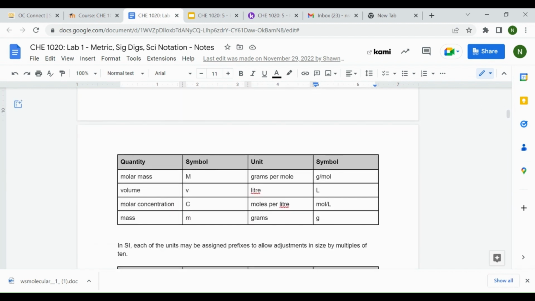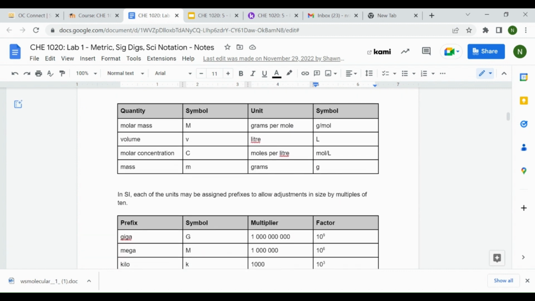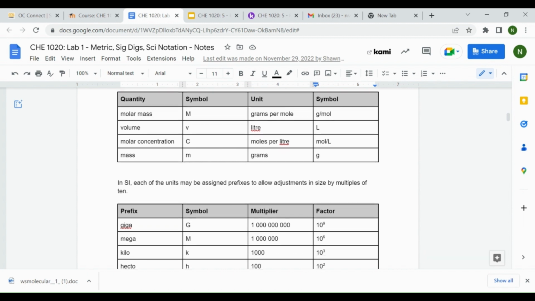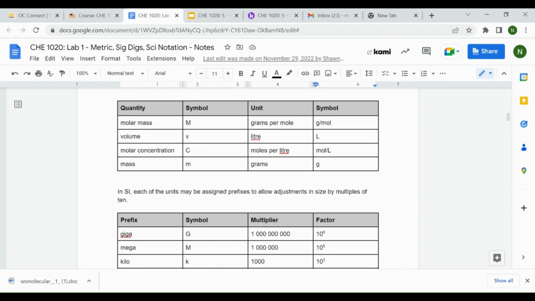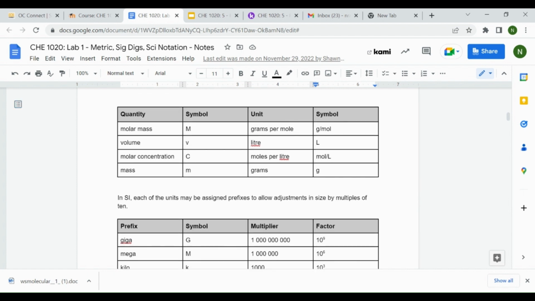Again, they're just a couple of units and measurements that are used primarily in chemistry, especially when we get to the solution section. So when we take a look at molar mass, volume, molar concentration, mass, those are some symbols that you should become pretty familiar with, right? And the unit associated with those symbols as well.